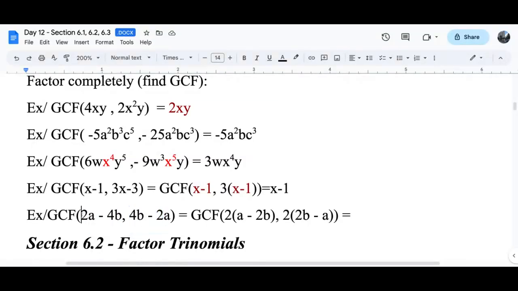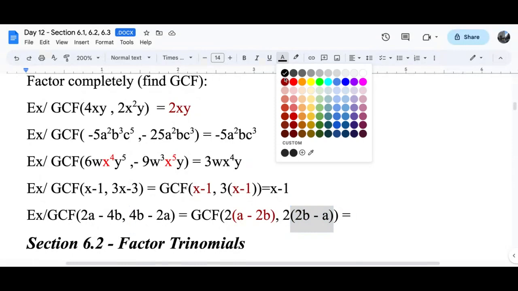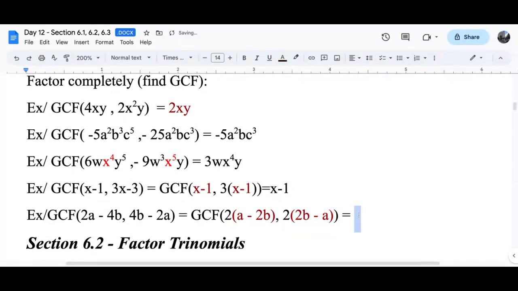All right. From the first binomial, I can factor out 2. Then it becomes 2 times a minus 2b. And in the second one, I also can factor out 2, and then I get 2b minus 8. Now we have to consider the relationship between a minus 2b and the second expression.